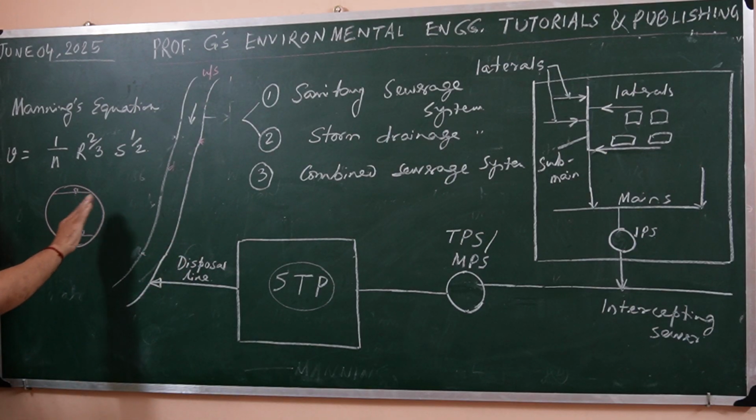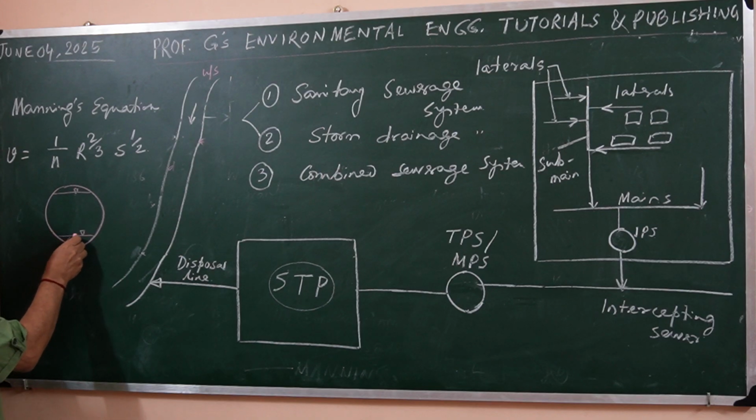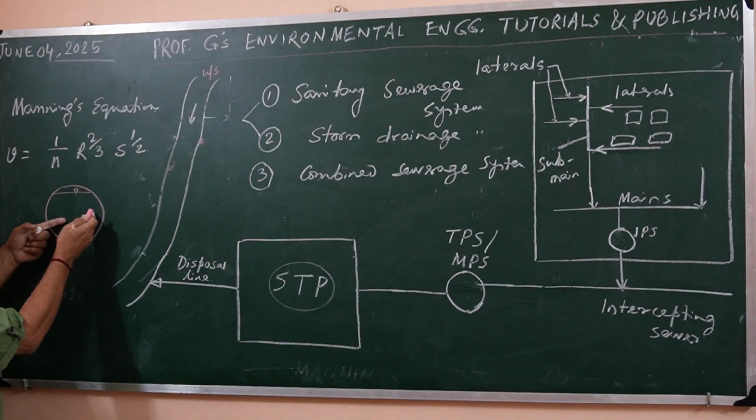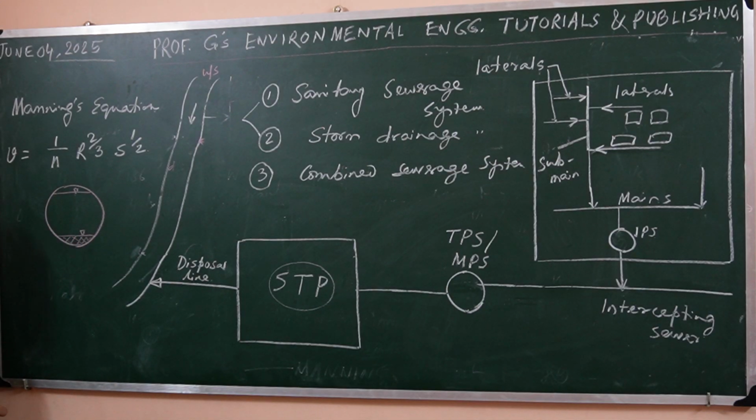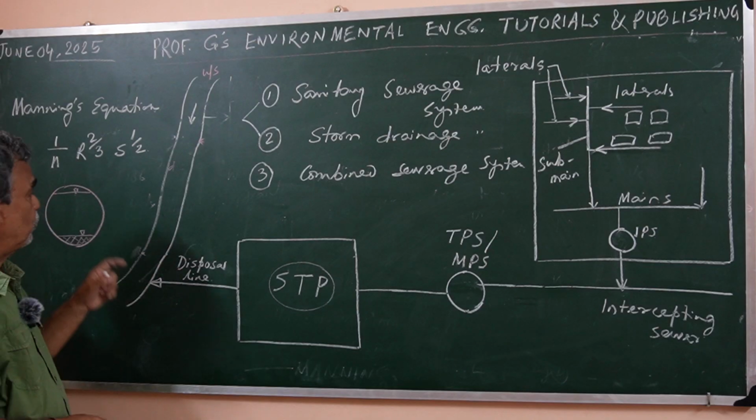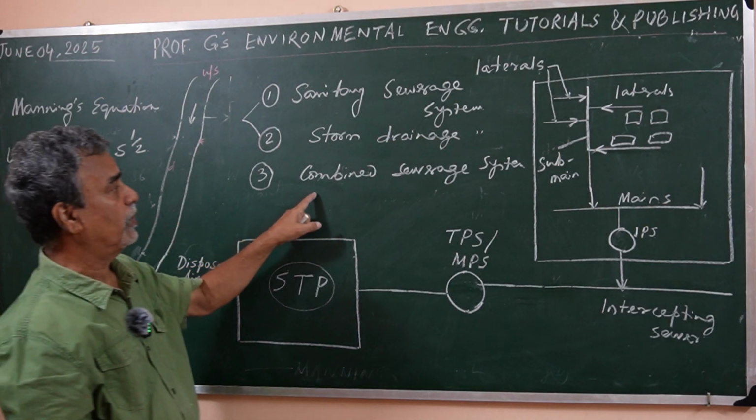There is no rain during the non-monsoon dry period, right? So in that case, this pipe would be underutilized. And also, because of the very low flow, the deposition of solids will take place in the pipe itself, which is not desirable. So that is why we normally avoid the combined sewerage system.